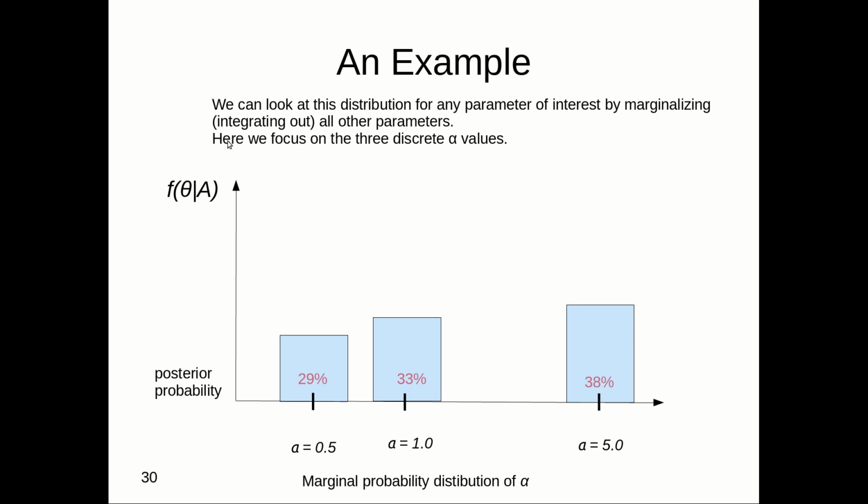Now here we focus on the three discrete alpha values that we've picked, and this is the marginal probability distribution of A here, right? So we get 29% for A being 0.5, 33% for A being 1.0, and 38% for A equals 5.0.